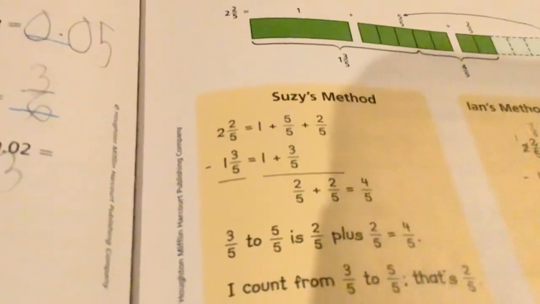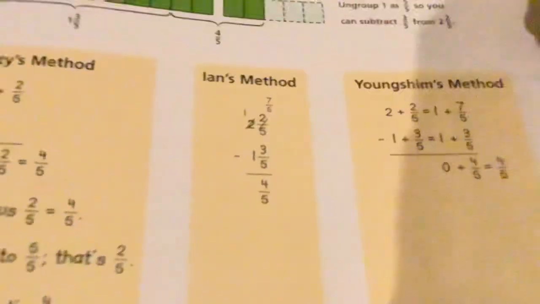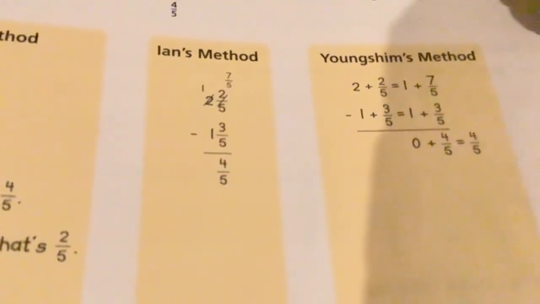And if we subtract 3/5, that is... So, if we subtract 1 and 2/5 by 2/5, then we get 1 and 0/5, which leaves 1. Then, another is 3/5, which makes 4/5. Susie's right. Let's check out Ayan's method.